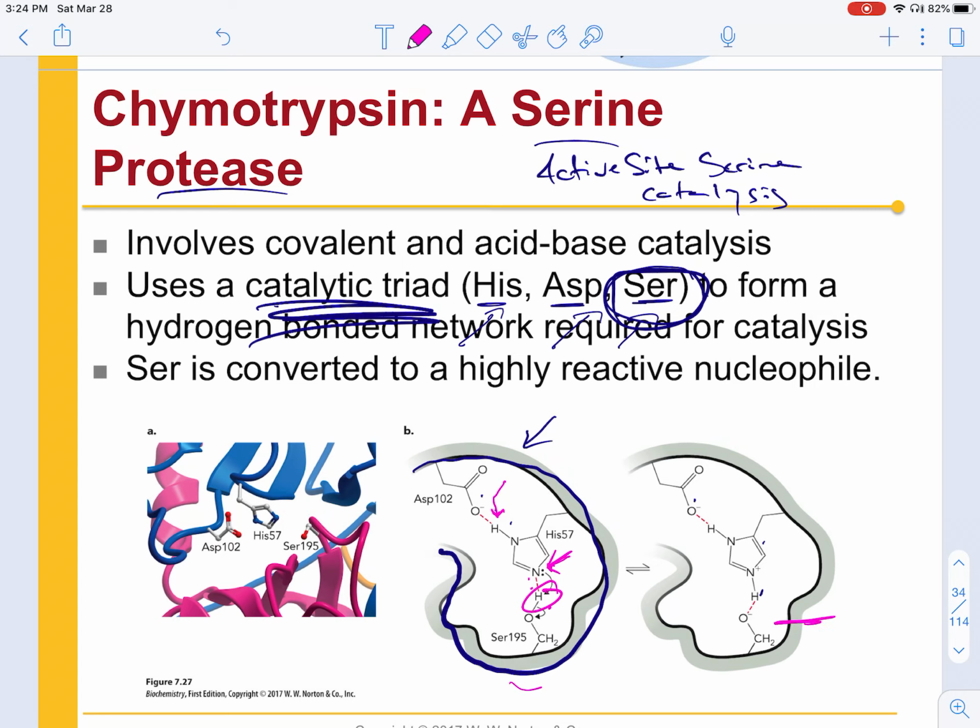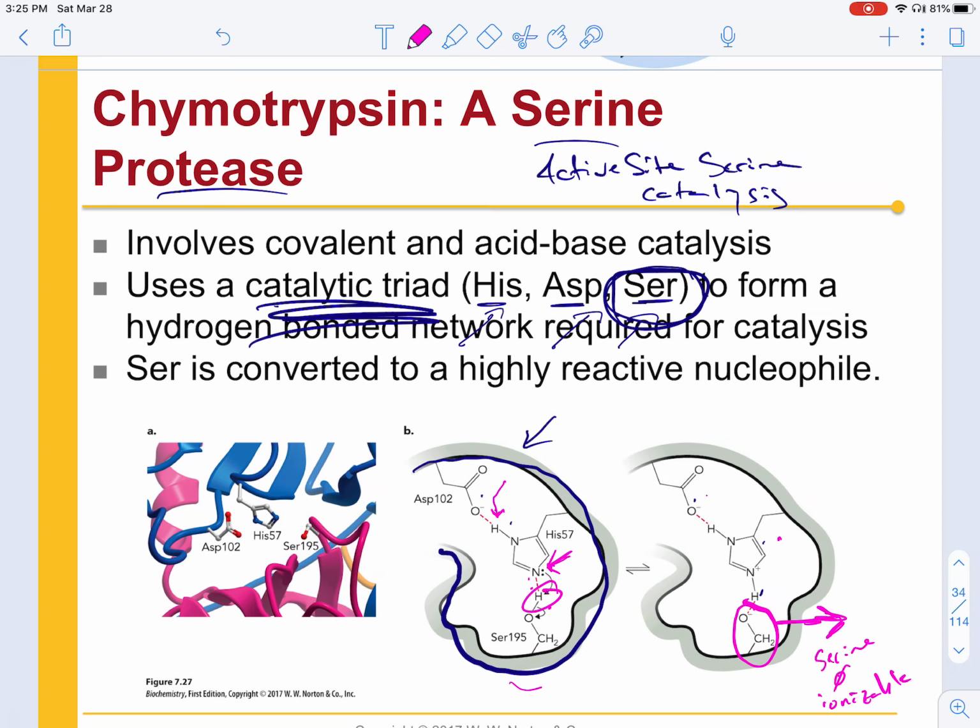Now, if you remember from our amino acid structures, we typically don't consider serine to have an ionizable hydrogen, because the pH at which you would get a loss of that hydrogen is too high. But in the presence of this histidine and aspartic acid, you can make this serine ionizable, whereas in normal cases it would not be. That's why you need this catalytic triad in order for action to happen.